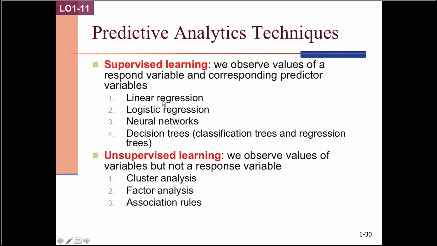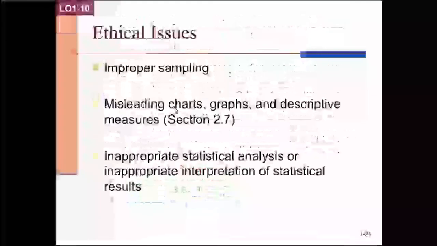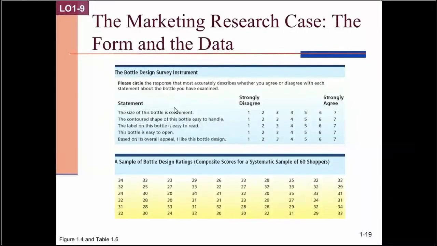You might have heard in the past, and worked with, linear regression. We're going to see some other types of modeling, and there's supervised learning like logistic regression, neural network, and decision trees. As I said here, you know what you are looking for. For example, in this data here, I have also the customers, the 60 shoppers, and I want to divide them into all the customers who rated us between 6 and 7.